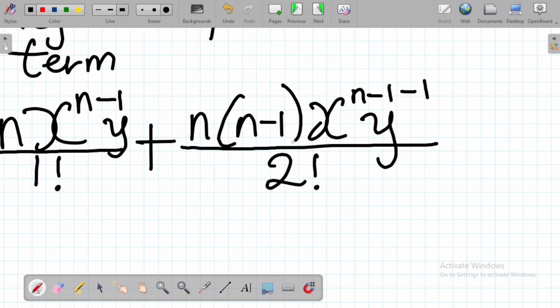Now, as it goes on, the power of y increases by 1, just as the power of x decreases by 1. Here, the power of y is 1, so here the power of y will become 2.